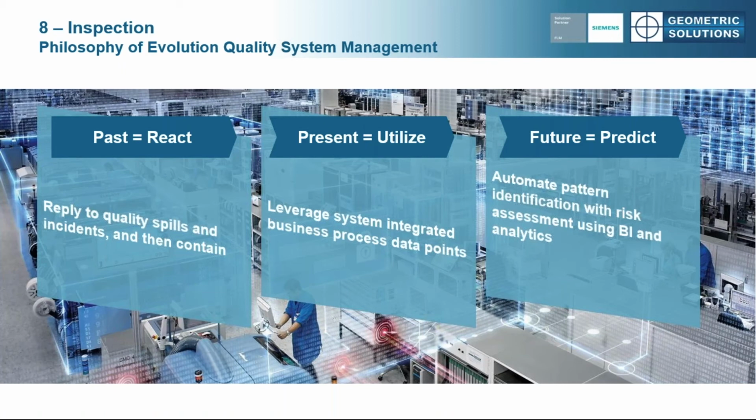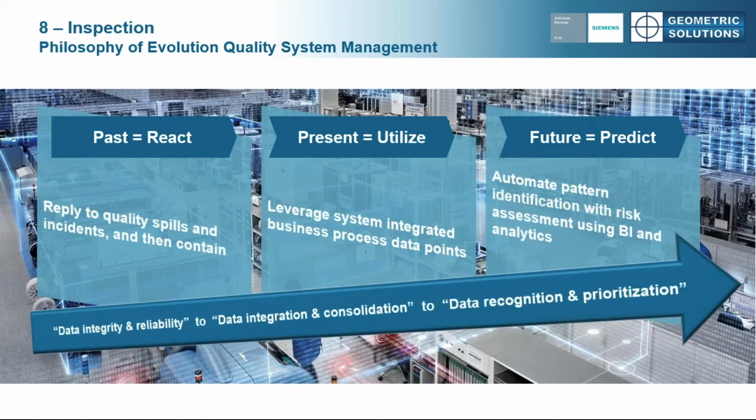With this DPV system, if I see something going out, I can actually force it to text somebody to let them know it's going out before it happens, and a maintenance person can fix it. What we're trying to do is go from data integrity and reliability to integration and consolidation, and then recognition and prioritization, making sure we're getting it found and fixed before it becomes an issue.